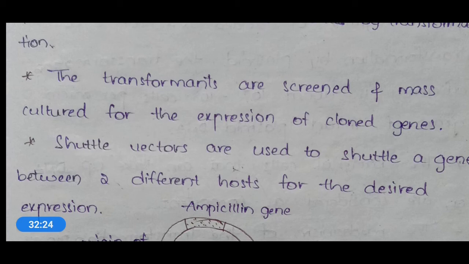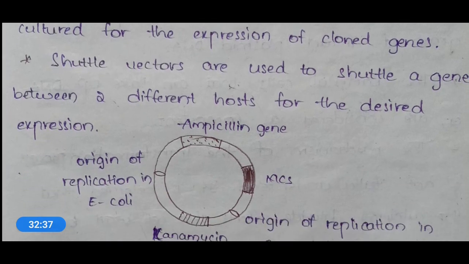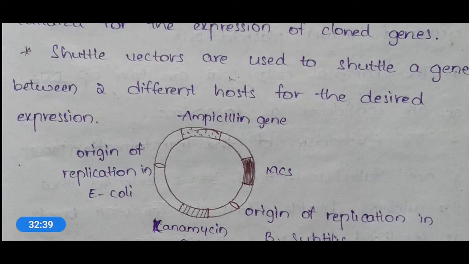Whether the desired gene is properly transformed or not will be checked by the expression shown by those cloned genes. Shuttle vectors are used to shuttle a gene between two different hosts for the desired expression. That's why they are named shuttle vectors.